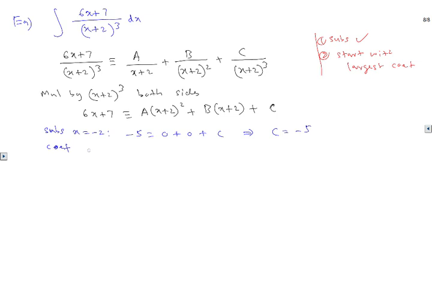Actually, not the largest coefficient, the largest degree. So what's the largest degree? x squared. So we need to start with the x squared term, the term with the largest power.